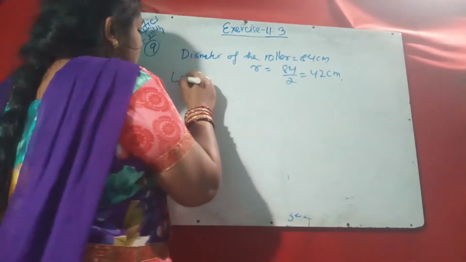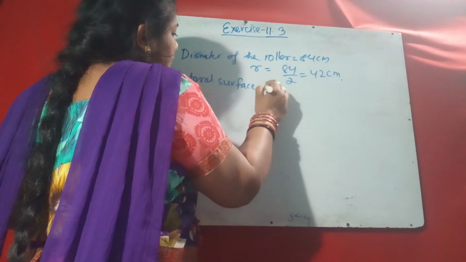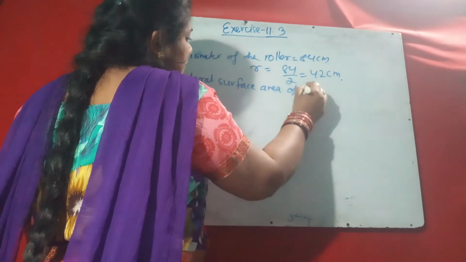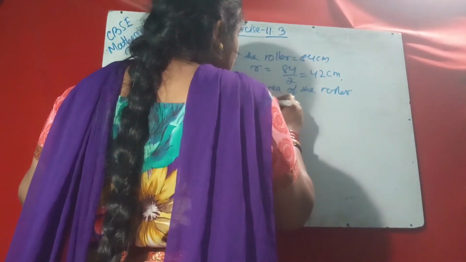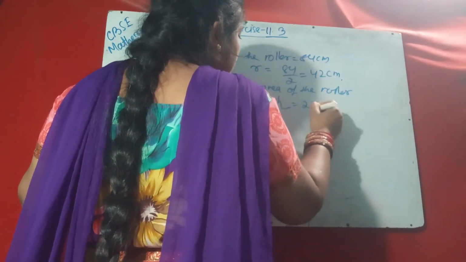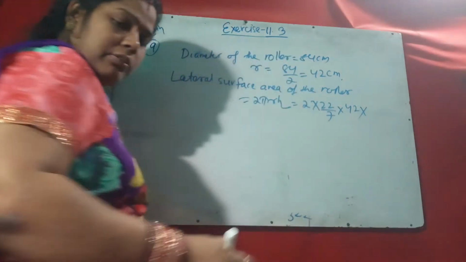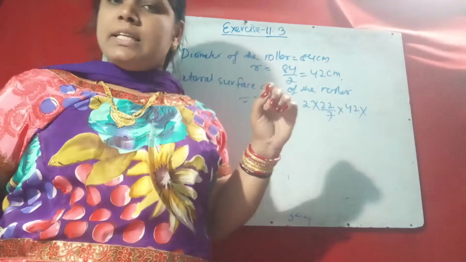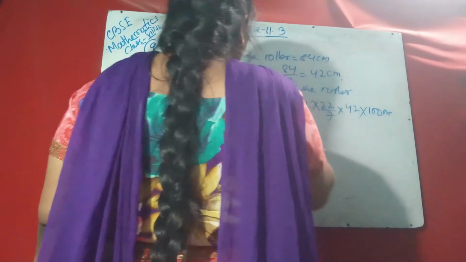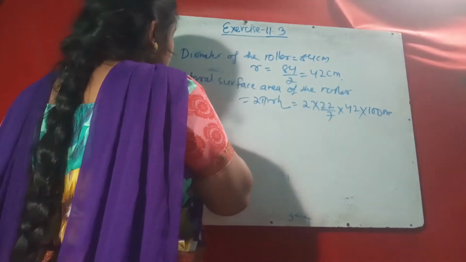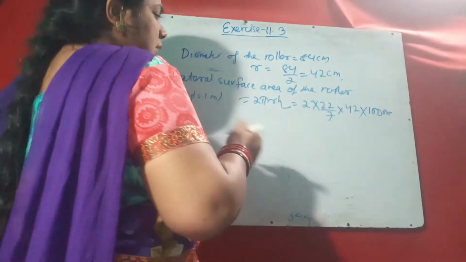Lateral surface area of the roller equals 2 pi r h. 2 into 22 by 7, r equals 42, h is given as 1 meter. 1 meter is 100 centimeter. Here the height is given, 1 meter, so use 100 centimeter.